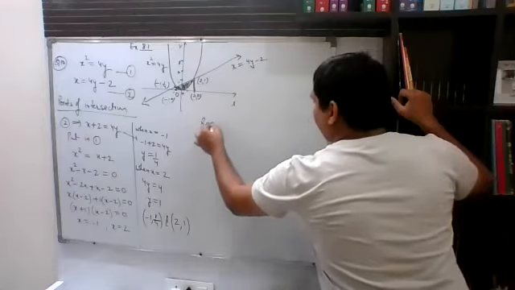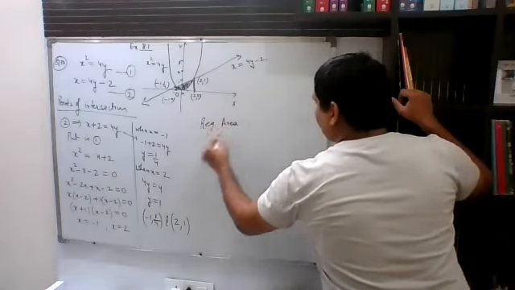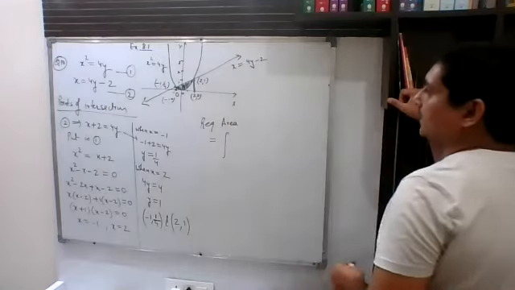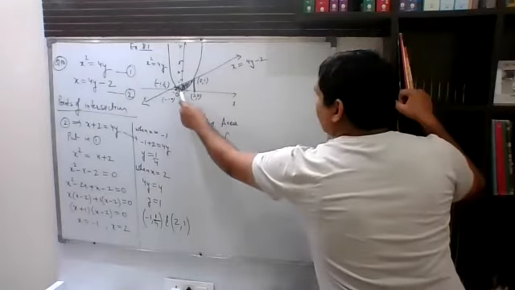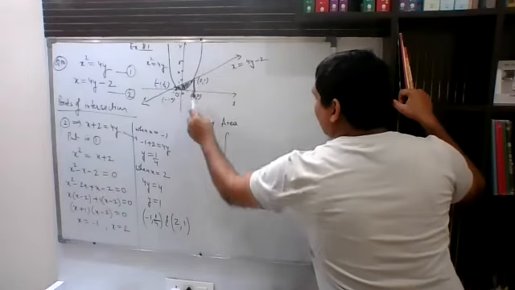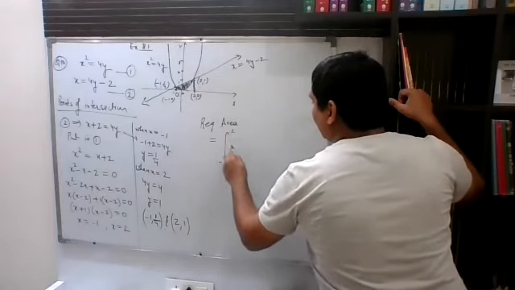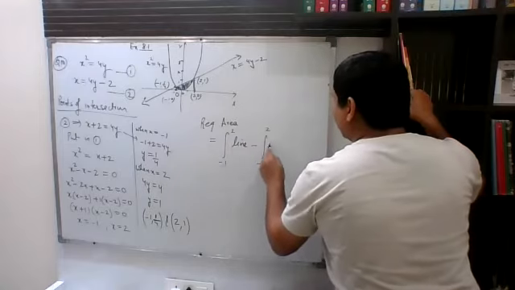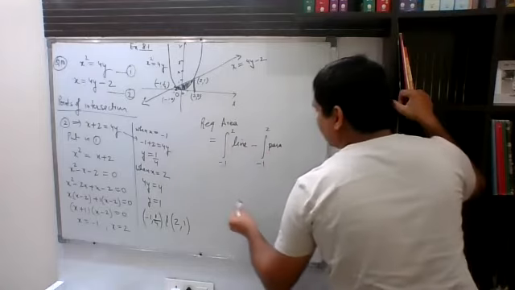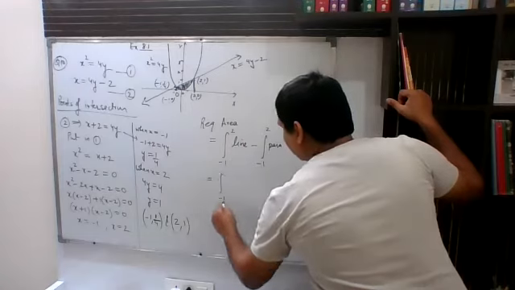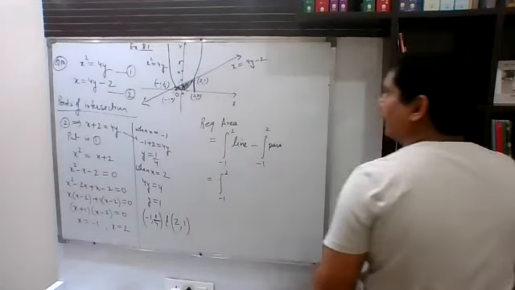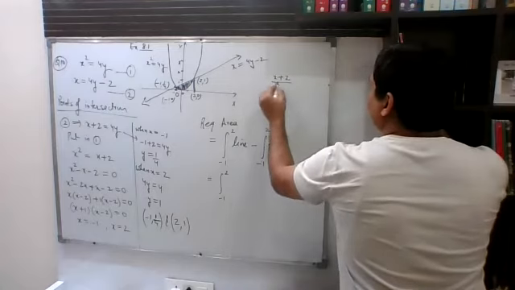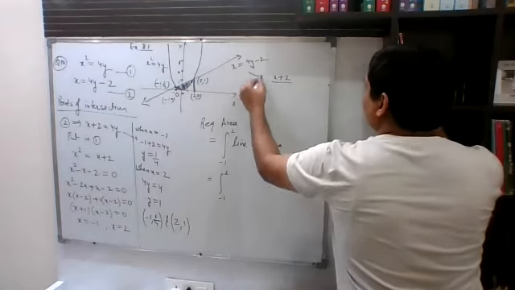Now, let us find out the required area. The required area will be equal to, now here you can see that the movement of this line is from -1 to 2. So the integral from -1 to 2 of the line minus the integral from -1 to 2 of the parabola. For the line, y will be equal to (x plus 2) upon 4.